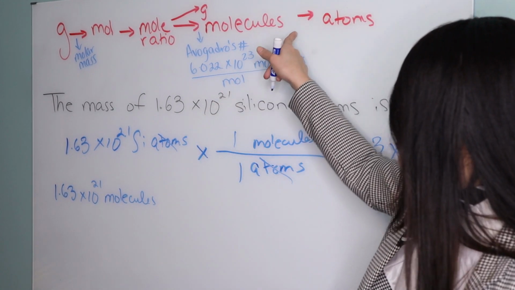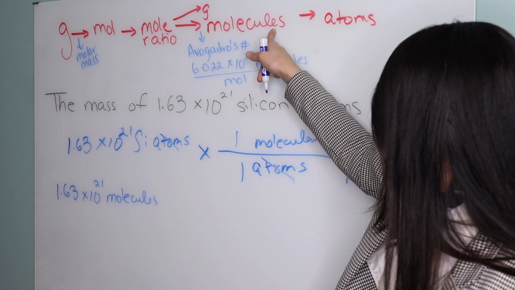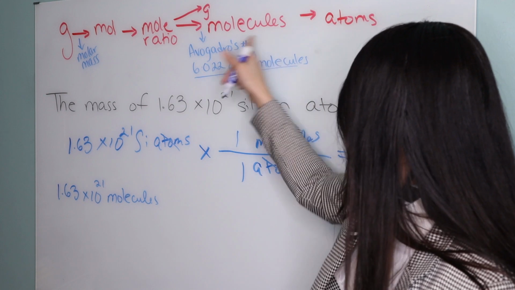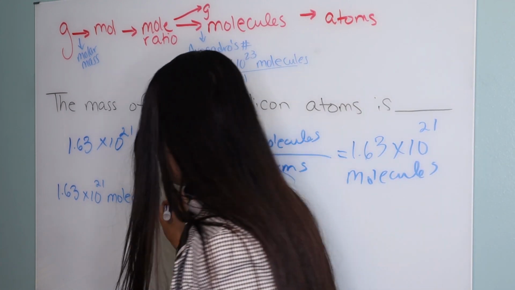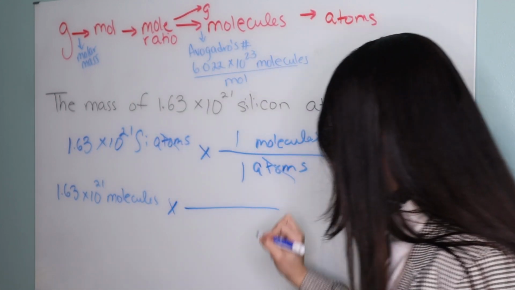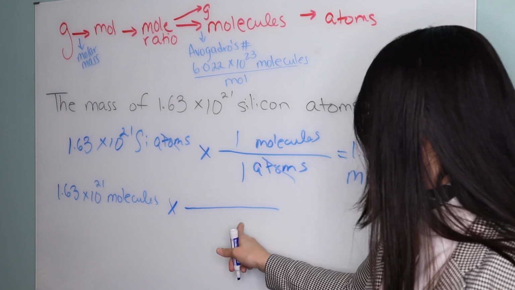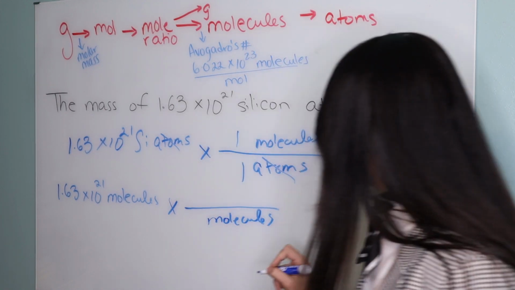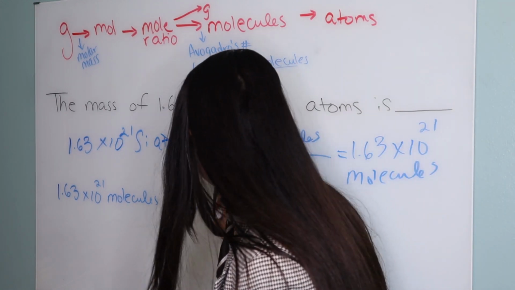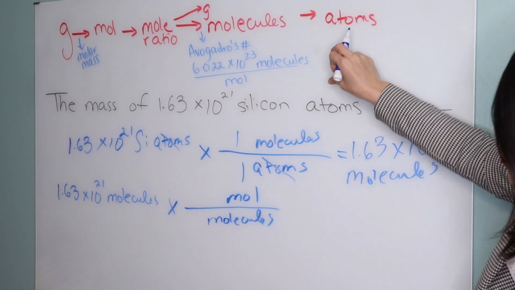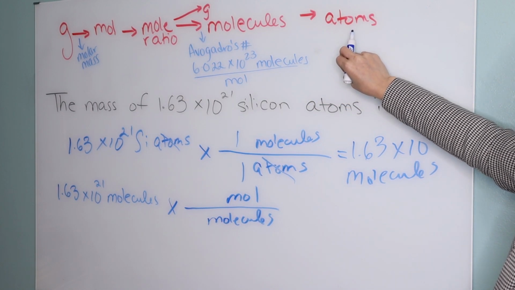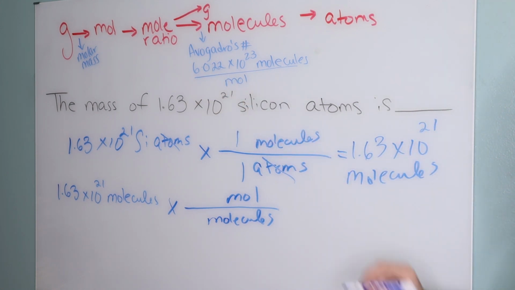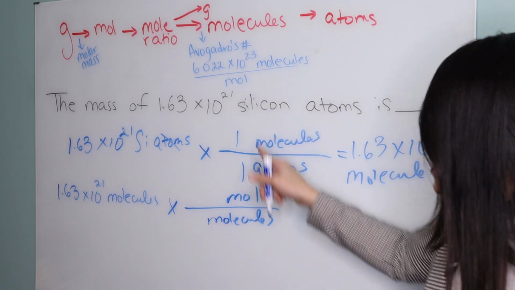We have molecules, so we're right here, and we're trying to go from molecules to moles. So I have to use Avogadro's number. Let's go ahead and do that. Times, again, what I want to get rid of goes at the bottom, so molecules go at the bottom. And what I want, which is moles, is going to go at the top. If you look over here at Avogadro's number units, we have 6.022 times 10 to the 23rd molecules over mole.